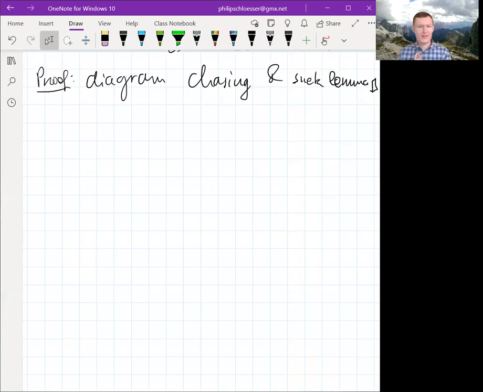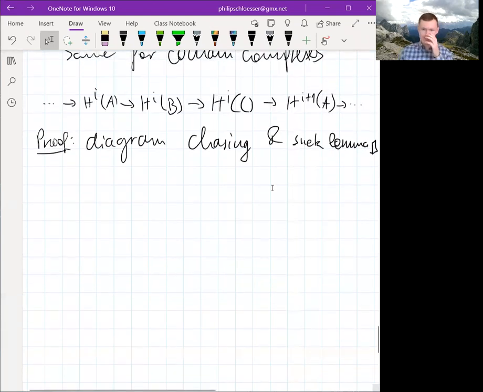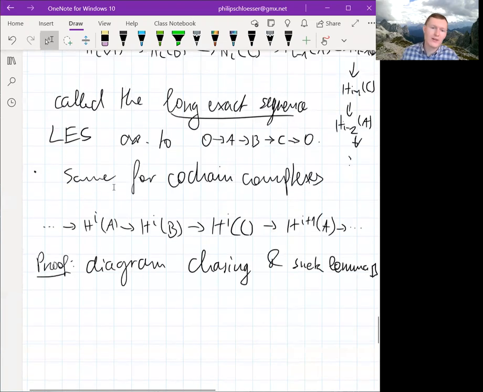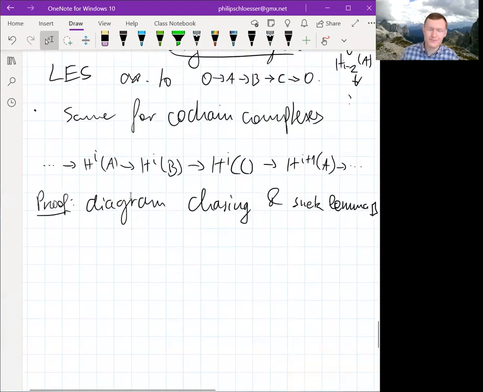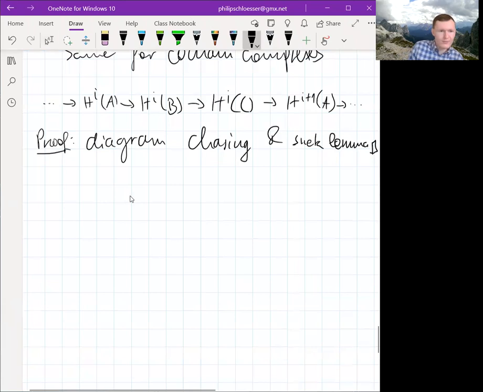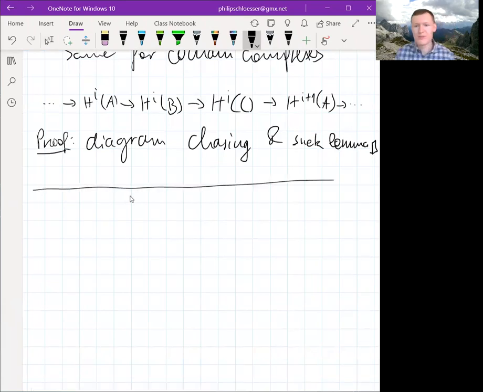So now for the second part. When we're looking at these, if we want to generate chain complexes or cochain complexes, we usually generate them by means of an injective or a projective resolution.